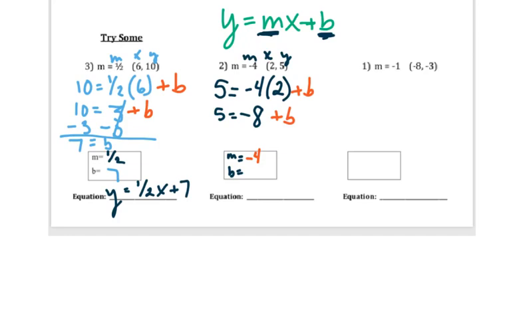We get b by itself by moving the 8, so I'm going to add 8 to both sides. 8 plus 5 is the number 13. So I found out that the b is 13. So my final answer is y equals my m number x plus my b number, goes to the back. It's a really ugly 13, sorry guys.